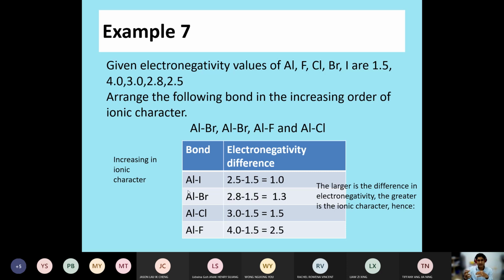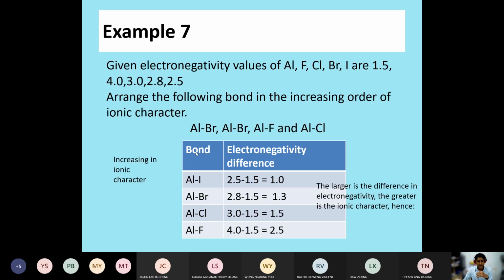When the size of the atom is increasing, the polarization is greater, and that is why they will have more ionic character in their bonding. Also the difference in electronegativity is increasing, because we know that fluorine has the highest electronegativity, and as we go down or left on the periodic table, the electronegativity decreases.